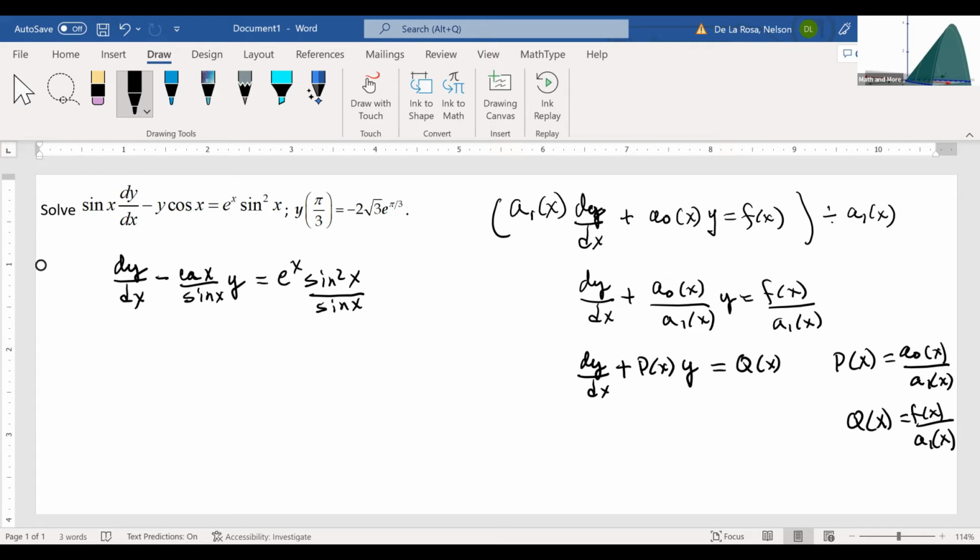And then we can write it as dy dx minus cotangent of x times y equals e to the x times sine of x. So this is a linear differential equation.